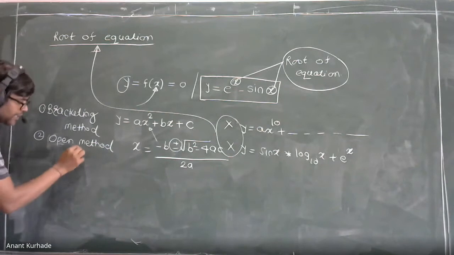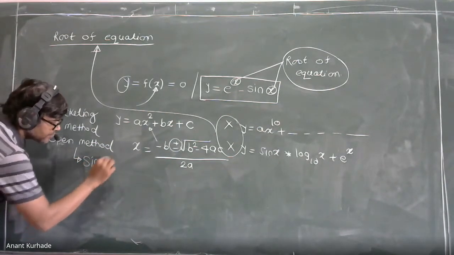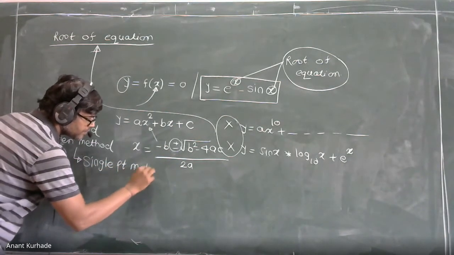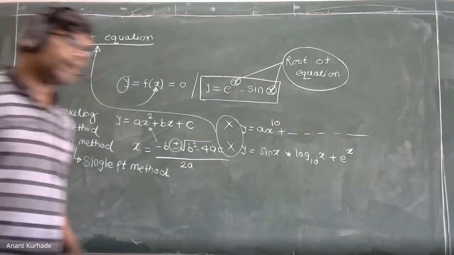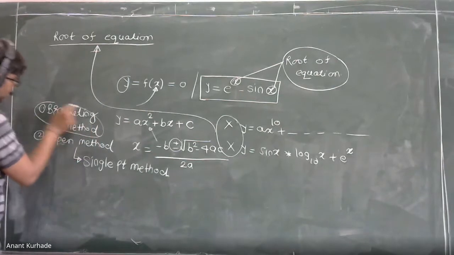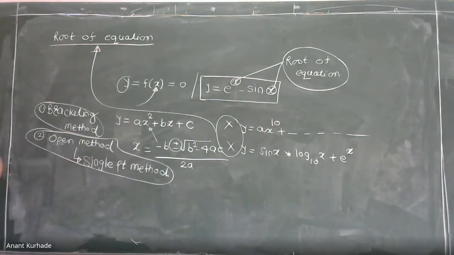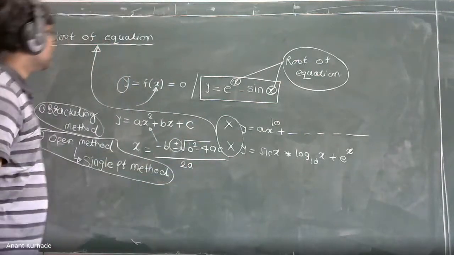The open method is also called the single point method. Remember this one, single point method. So, what is meant by bracketing method? What is meant by open or single point method?